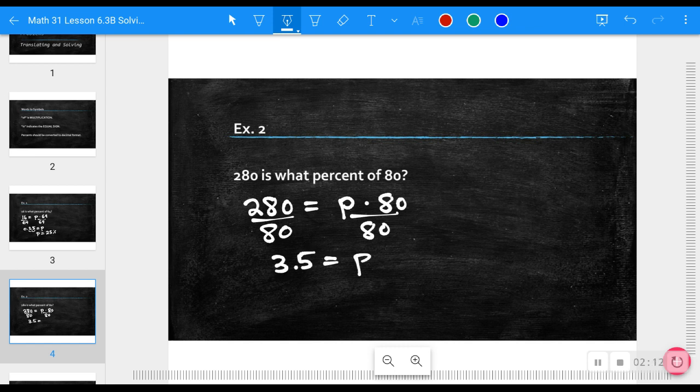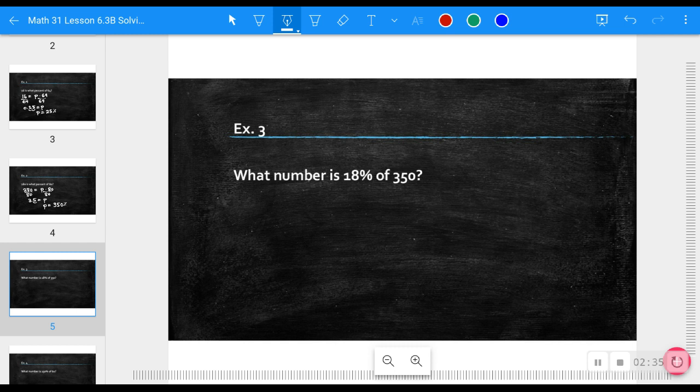So your percentage is 3.5, but you need to convert that to percentage format by moving your decimal 2 places to the right and restoring the percent sign. So that would move it around the 5, and you'd have to introduce another 0, 350%.